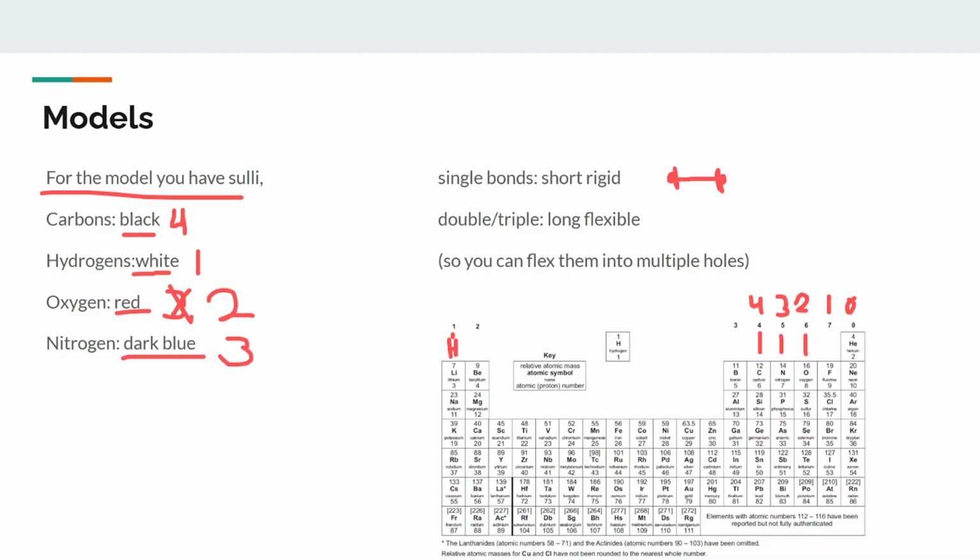They're really rigid. They don't really flex all that much. And the double or triple bond ones are just slightly longer, so there's going to be a hole here and a hole here, and you can bend them into shape almost. That makes sense. Then you can attach 2 more things coming out the back there.